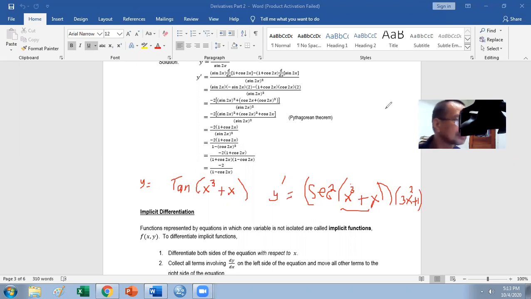Let's have another example. Let's have y is equal to, let's say, cosine of tangent 2x.